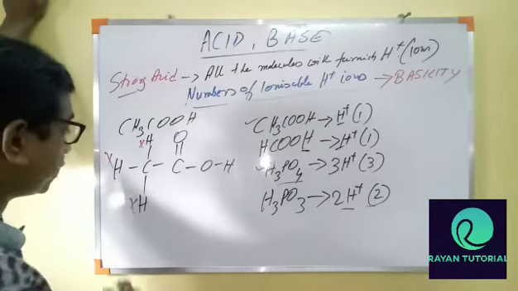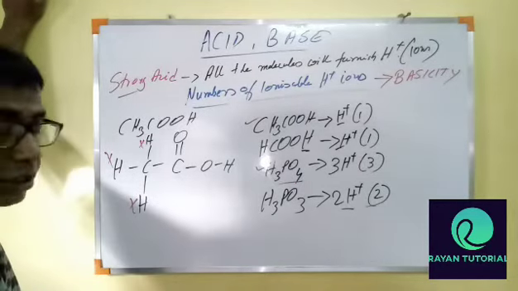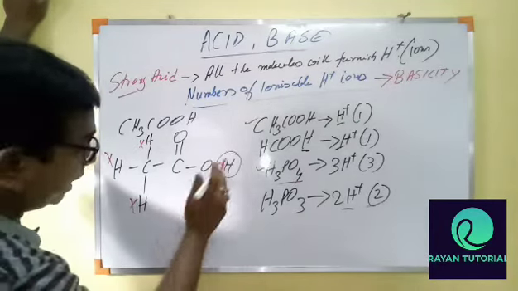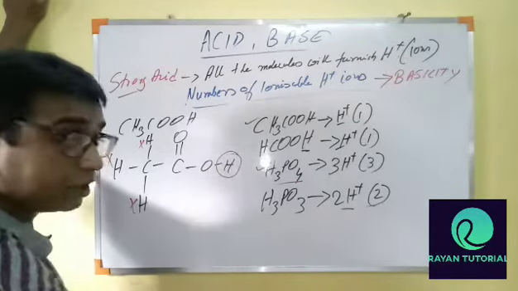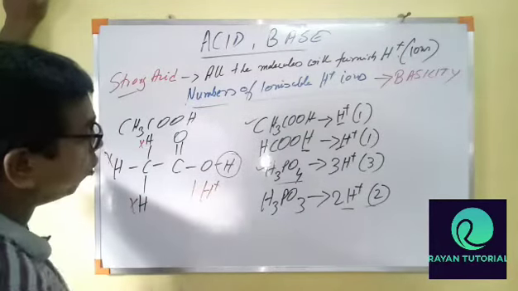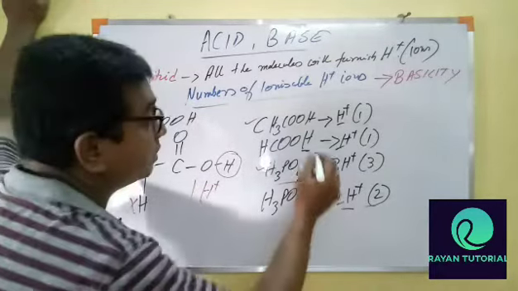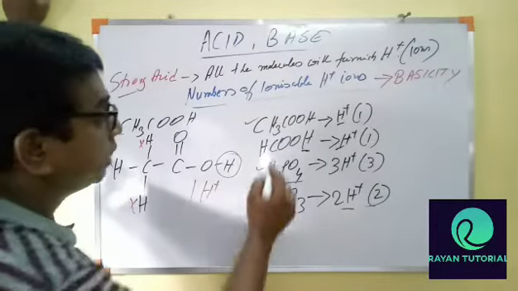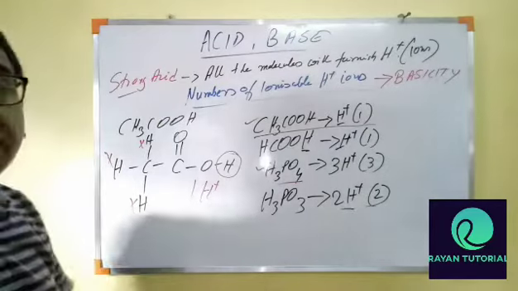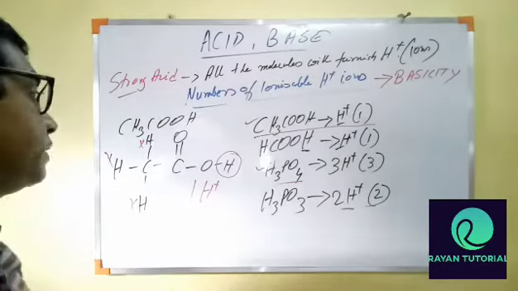Only this hydrogen is attached with oxygen. That means here only one hydrogen is attached with oxygen. So we will be getting only one displaceable hydrogen. That's why the basicity of CH3COOH is 1.